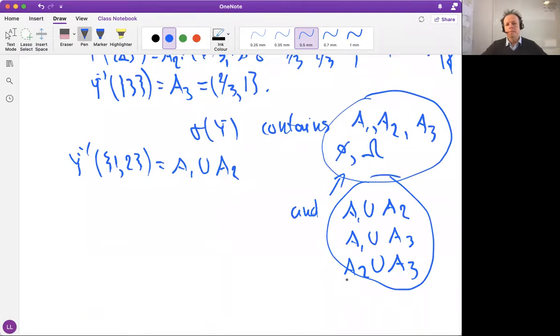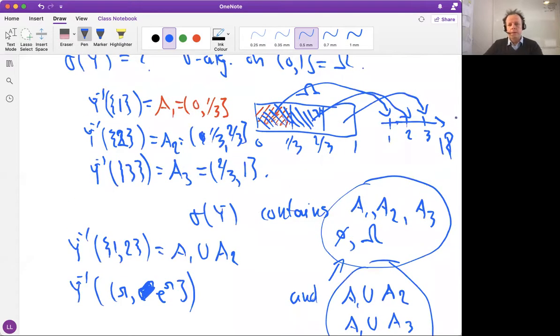What else does it contain? What about the pre-image of the set, let's say, the number e to the pi?